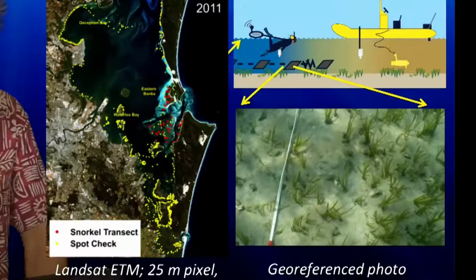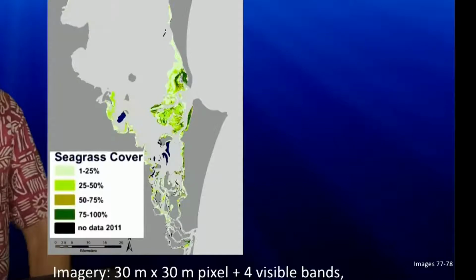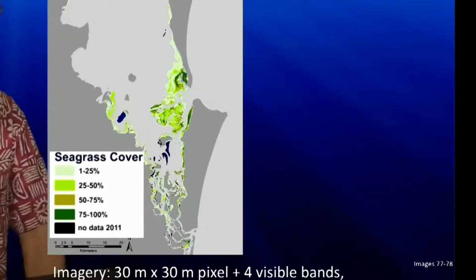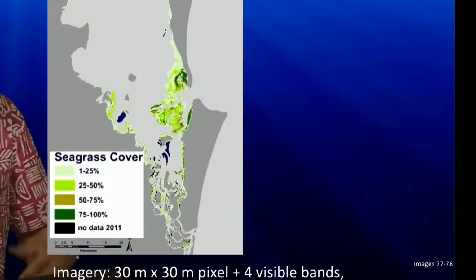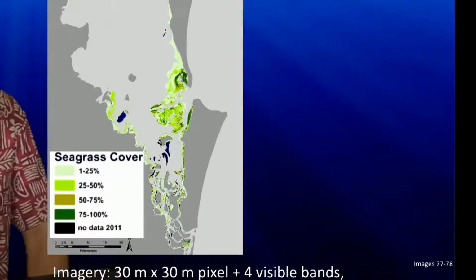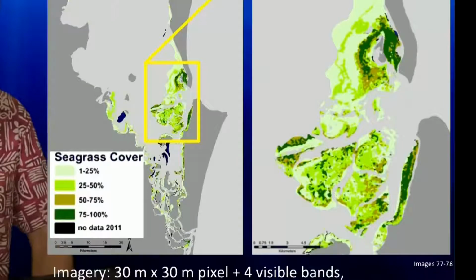What we have here is the coarse scale map, which combines the field data and the satellite imagery. As you can see, the map is quite coarse due to the high pixel size, which is 30 meters by 30 meters wide.